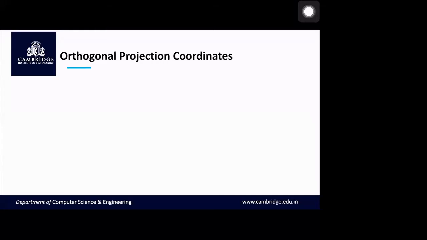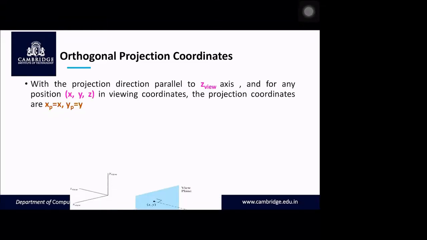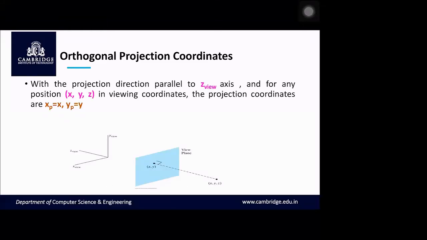Orthogonal projection coordinates. How do we deal with the coordinates here? Usually the projection direction is always parallel to your Z view axis. You agree?